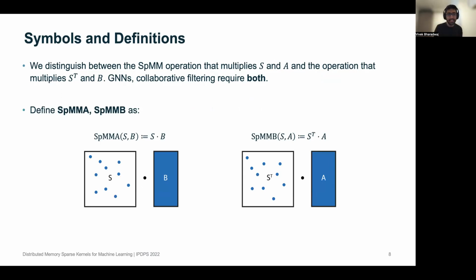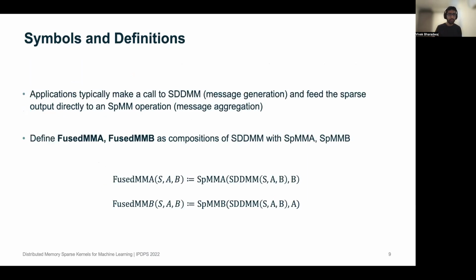SpMM A multiplies S times B, and SpMM B multiplies S transpose times A. So the suffix of A or B refers to the shape of the output generated by each kernel. Now, finally, as I mentioned before, applications typically make a call to SDDMM to generate messages and then immediately aggregate these messages using an SpMM operation. So I'm going to define FusedMM A and FusedMM B as compositions of SDDMM with these two kernels.